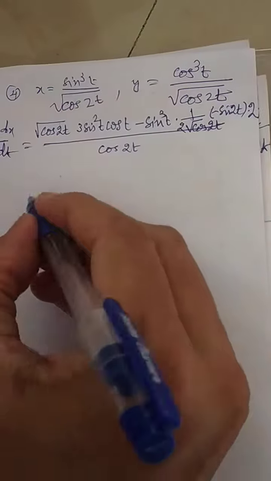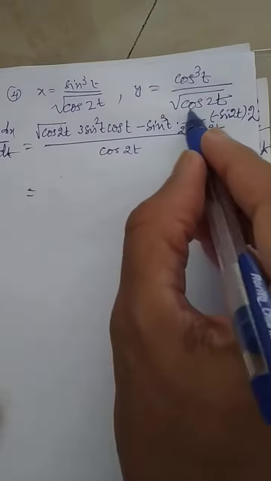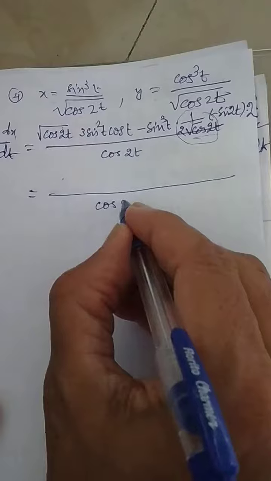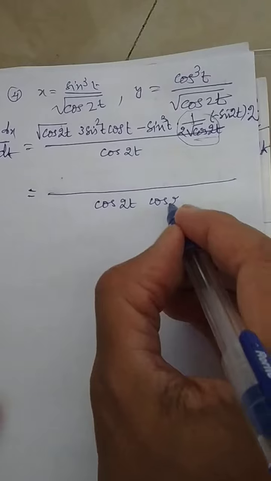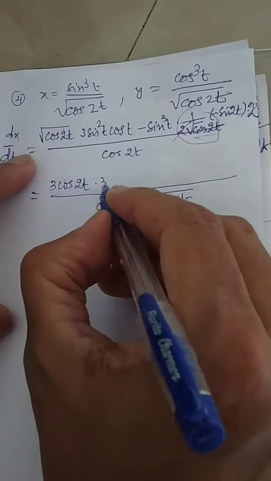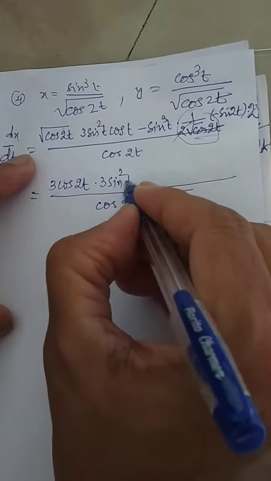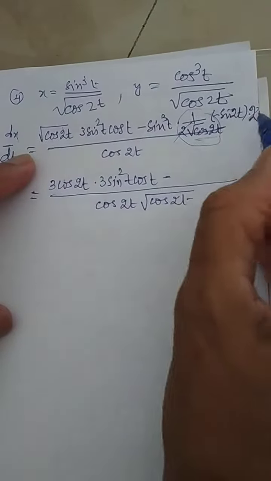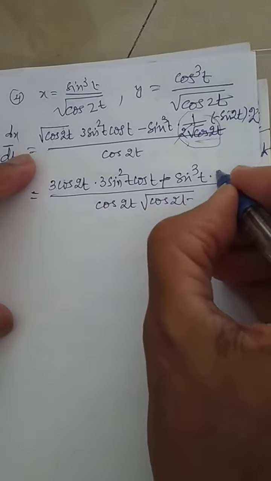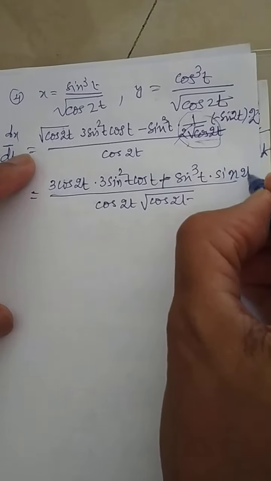Now what I am doing, I am trying to take the LCM in the numerator. Look, this is the expression cos of 2t and that will come in the denominator, and over here cos 2t, and this root, this 2 gets cancelled. Now this will be multiplied over here and this 3 will be coming, so 3 cos 2t into 3 sin square t cos t minus, this 2 is getting cancelled over there, minus and minus it will be plus sin cube t into sin of 2t.